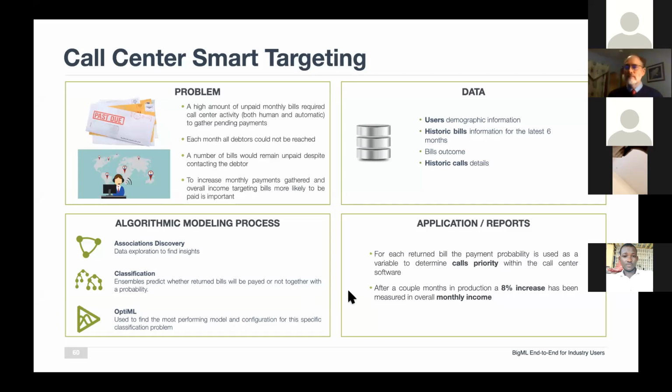This was deployed in production simply by providing the probability for a bill to be paid to the system they currently use, and using that KPI in the algorithm for prioritization of calls. After a couple of months, we increased the monthly income of the call center by 8%.